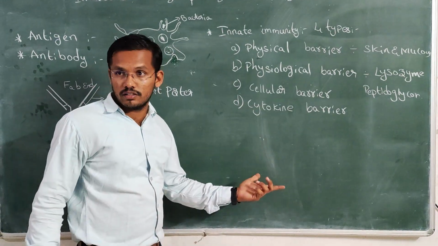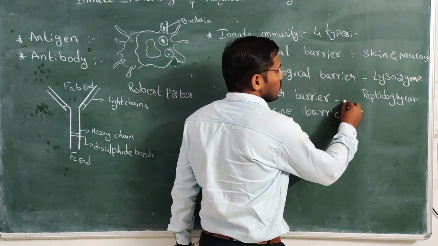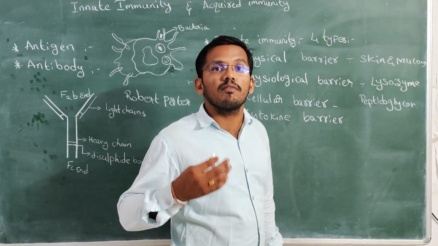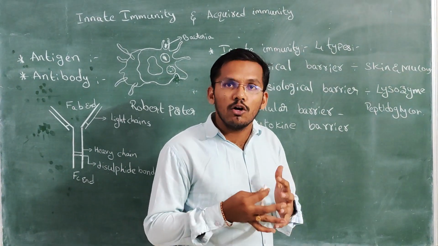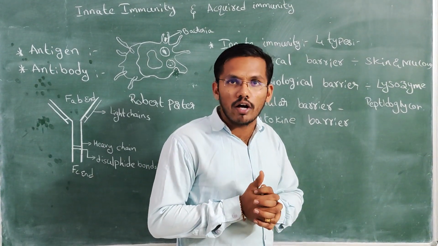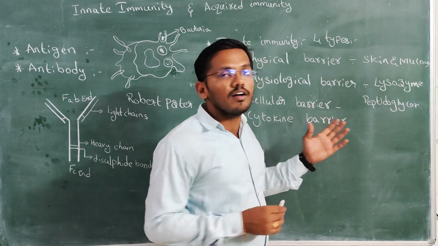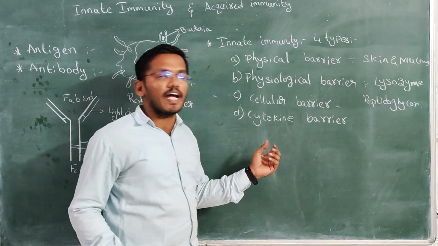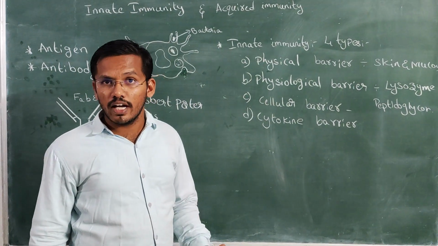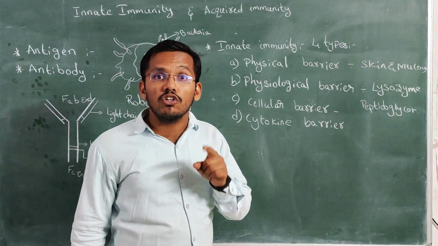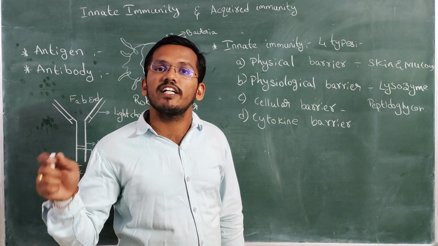Next, cellular barriers, like macrophages, monocytes and neutrophils. These cells present in our blood supply phagocytose and kill the microorganisms entering our body, which acts as a third line of defense. Next, coming to the cytokine barriers. Cytokine barriers are responsible for protecting the non-infected cells from the infected cells.